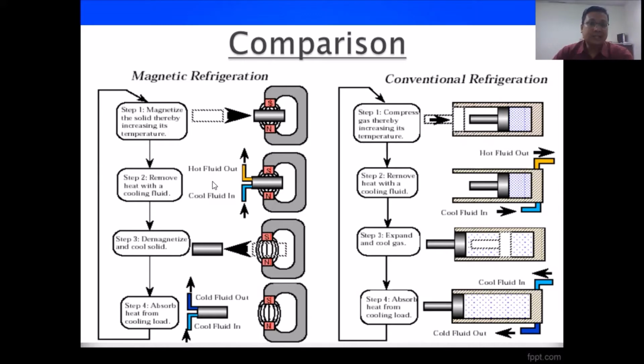In the second stage, after we magnetize, the temperature increases, and then we remove the heat by removing the container from the magnetic field influence. In the conventional system, we flow the refrigerant to the next process.